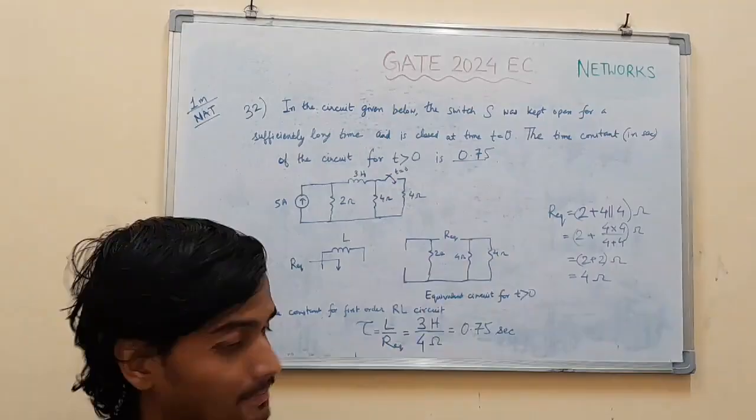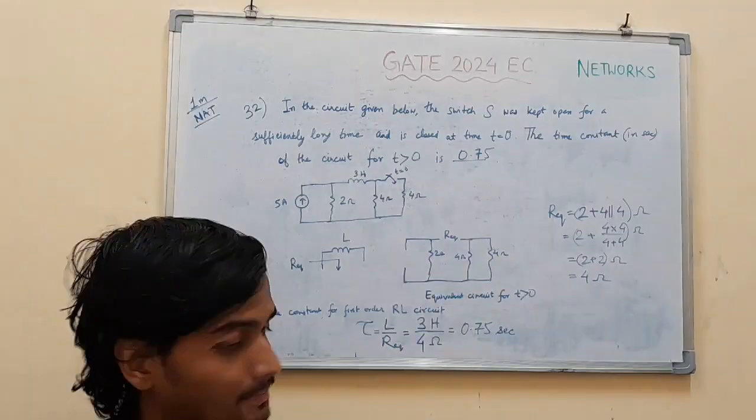So we are getting 4 I2 separately, and minus 8 V1 as it is. Let's simplify it further. V2 equal to 4 into V1 by 2 minus 2 into V2 by 2, that is 2 V1 minus 2 V2, plus 4 I2 minus 8 V1.